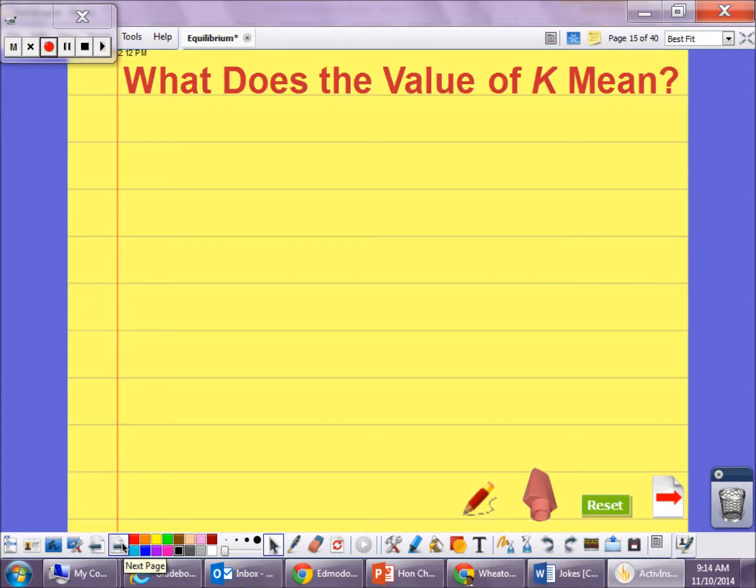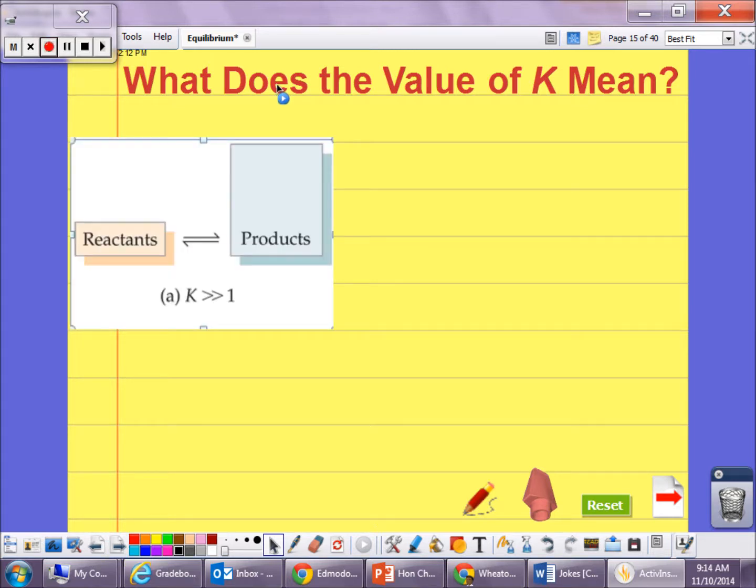Okay, what does the value of K mean? If you have a K that is very large or very small, what does it mean? If you remember, K equal product over reactants. Concentration or pressure of products over reactants. Therefore, if K is greater than 1, that means you have more products at equilibrium than reactant.